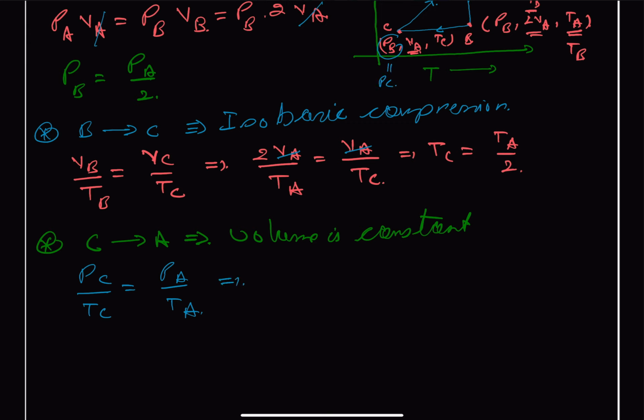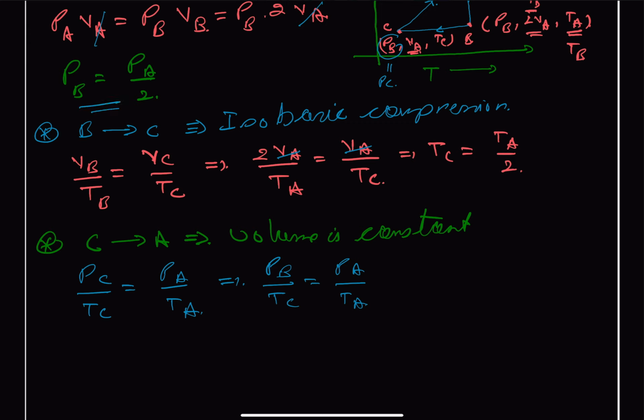So we can write PB upon TC is equal to PA upon TA. But we know that our PB is equal to half of PA.